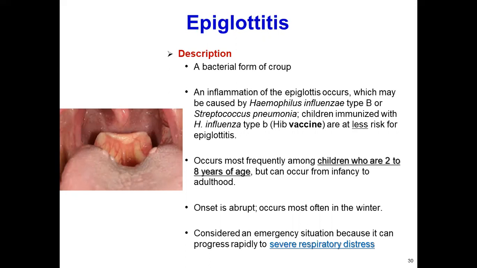So, as a healthcare provider, what are the nursing cares? We use a combination of back blows and chest thrusts for infants.